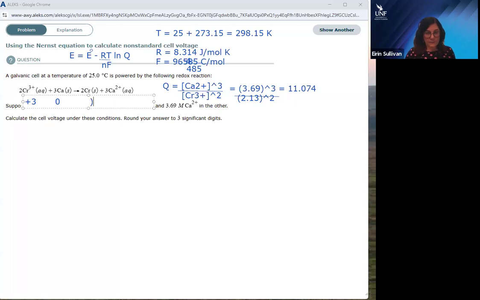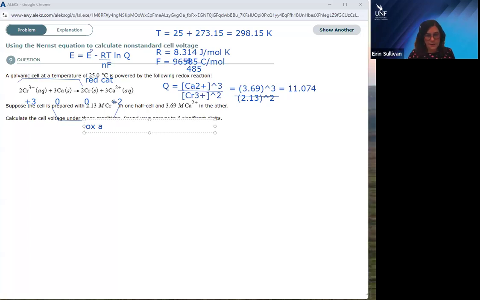And then calcium is going to +2. So we can see that chromium is being reduced from +3 to 0. So that is my reduction, and that is occurring at the cathode. And I can see that my calcium is being oxidized. So that will be the reaction that is happening at the anode.